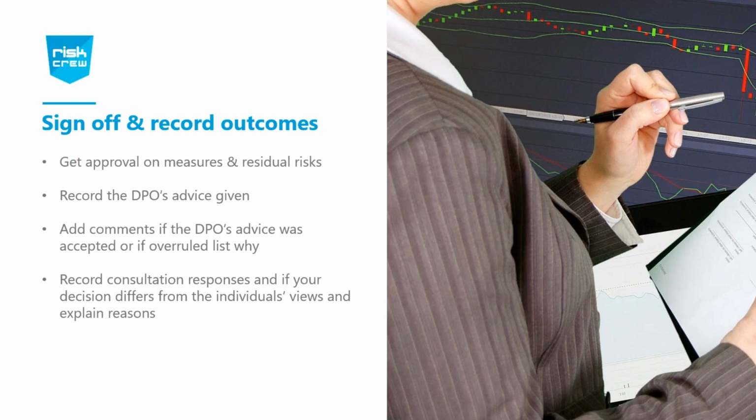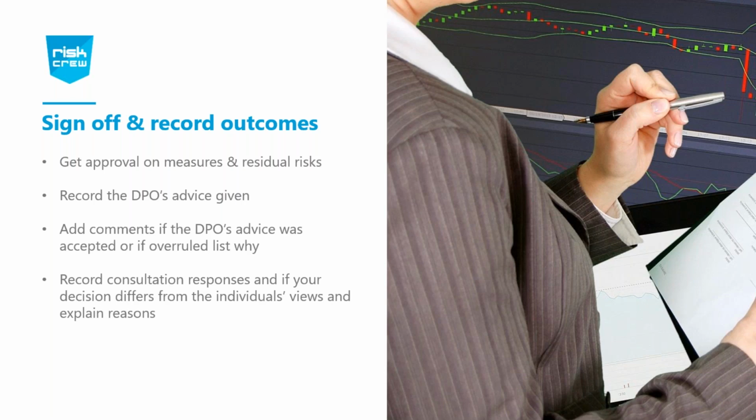If accepting any residual risk, sometimes it is necessary to consult the ICO before going ahead. The data protection officer also provides notes to advise on compliance and measures, and on whether the processing can actually take place based on his own advice of compliance.